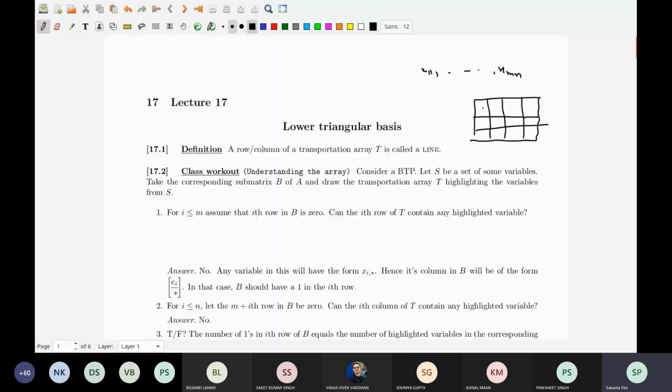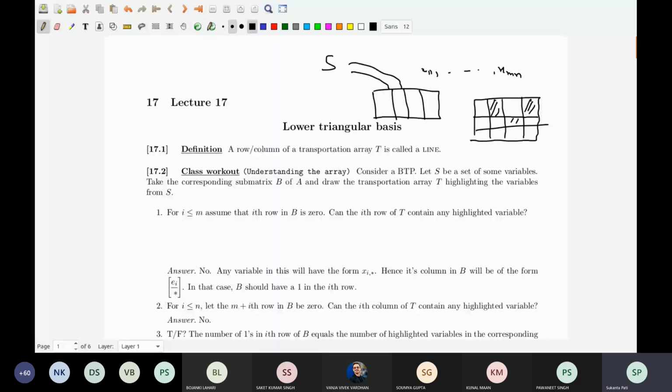From matrix A, you have selected some columns corresponding to the subset S. That is your matrix B. And corresponding to those variables, you highlight the selected squares. How many elements are there in S? I don't know. Some elements are there.